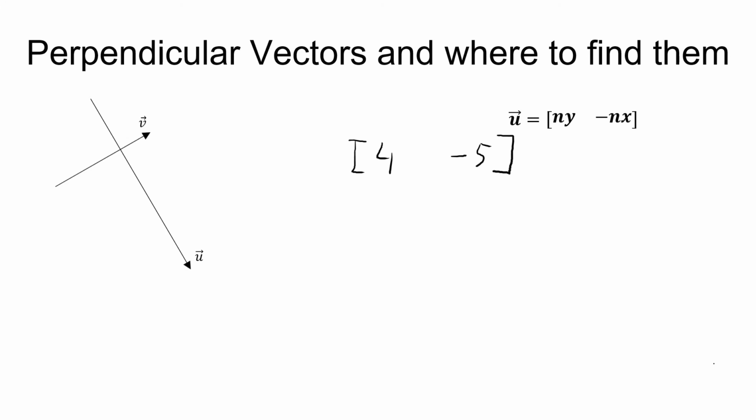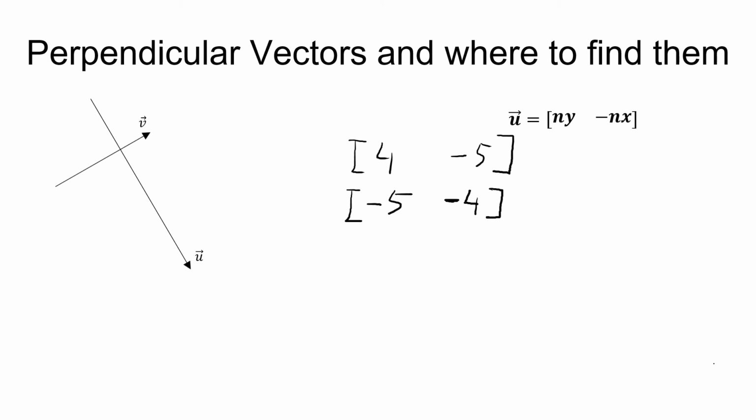So the first coordinate will be ny, so we are just copying the y coordinate of the previous vector, and the second is minus nx, so it's negative 4. So it's 4 with a minus here. That's a vector which is perpendicular to this one.